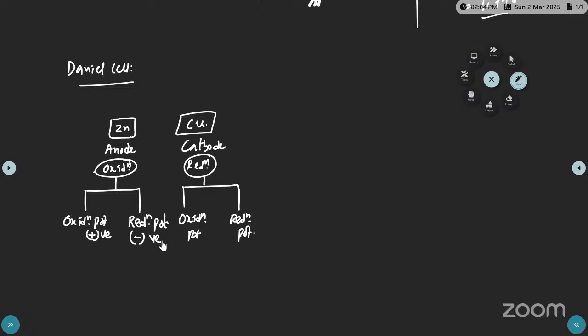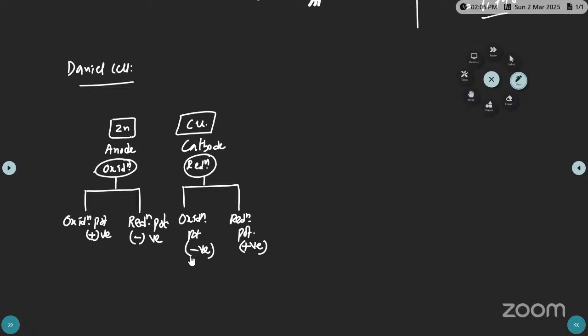And next at cathode reduction reaction takes place, so that the reduction potential is positive, and the second opposite potential is negative. Okay.